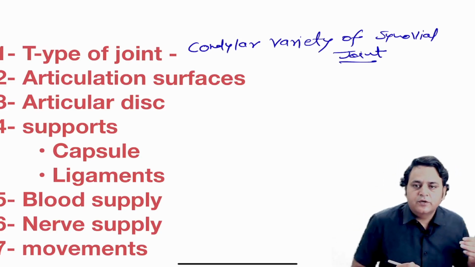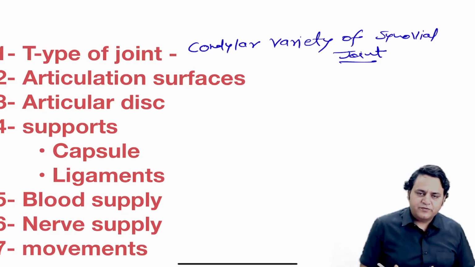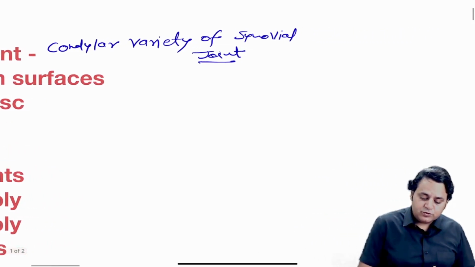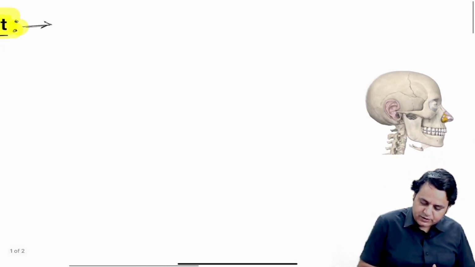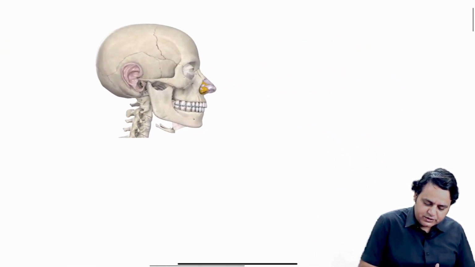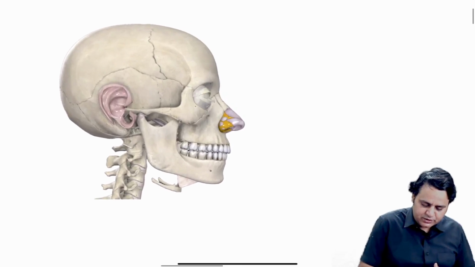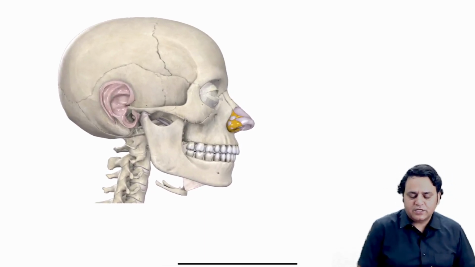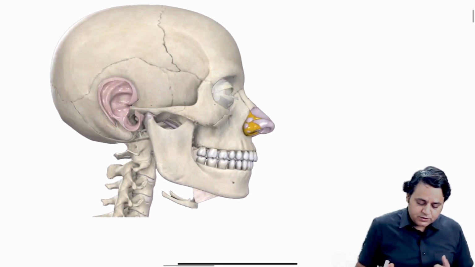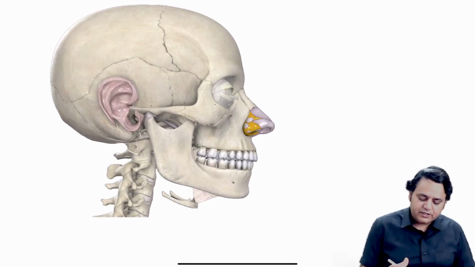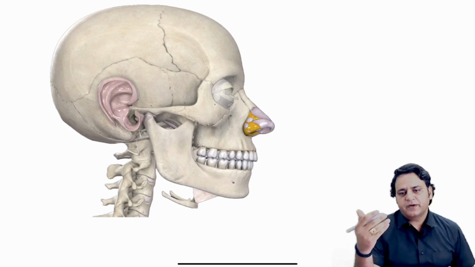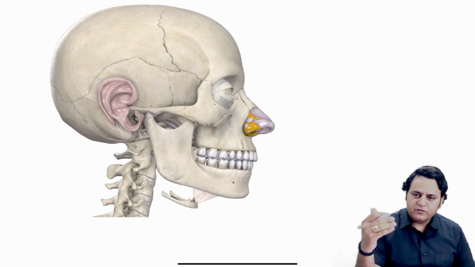Next point, we will discuss its articular surfaces. To read about the articular surface, we will see one diagram. As you can see, this is the lateral side of our skull bone. So we will see what surfaces take part in the articulation of the TMJ.